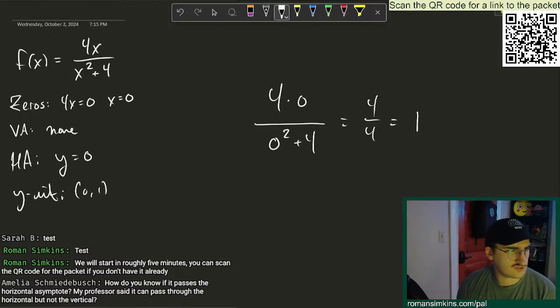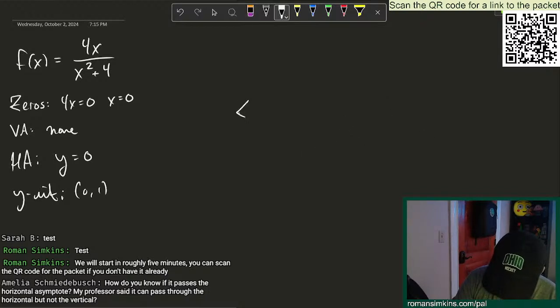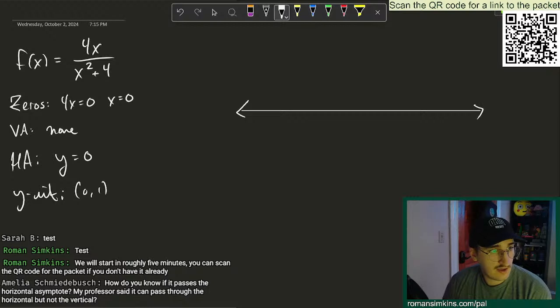And what else? Okay, we want to make a sign diagram. What we'll notice in the creation of this sign diagram is, what's going to happen, right? We have one point to put on our sign diagram, and that is our 0, right?